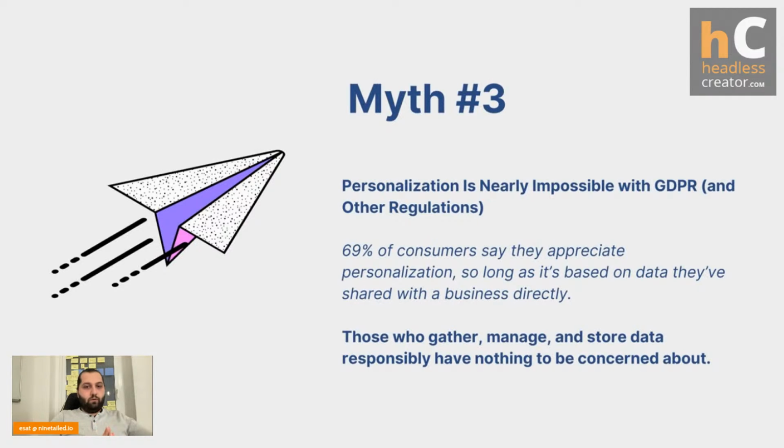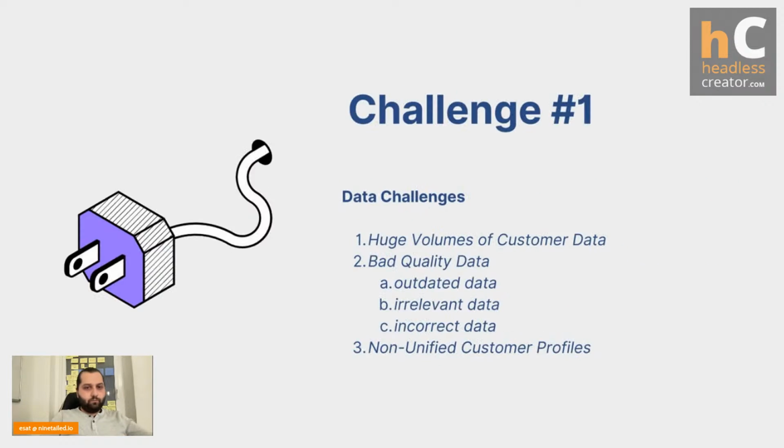However, if we use the data that consumers directly provide, which is zero-party data, or a company collects the data with the consent of the consumer, first-party data, we can increase the results of personalization because these two types of data are relevant and good quality data. So businesses who gather, manage, and store data responsibly have nothing to be concerned about.